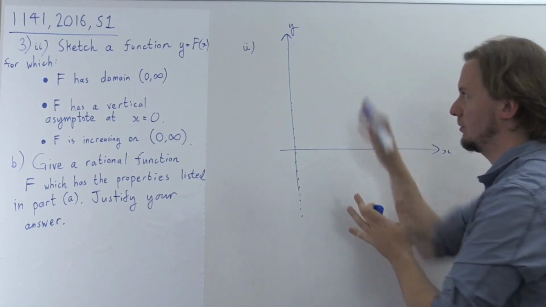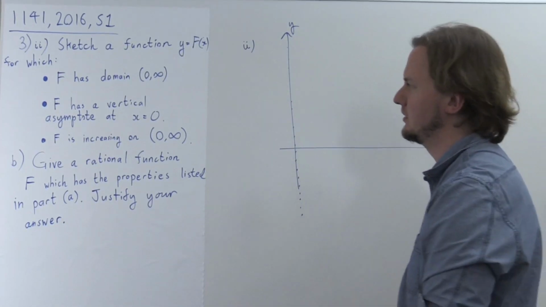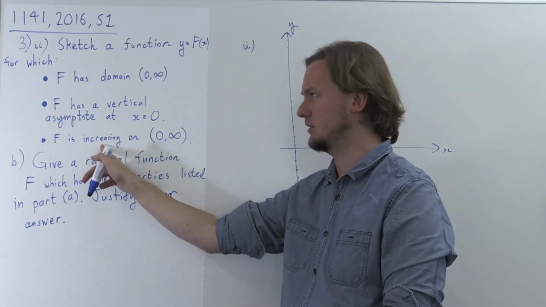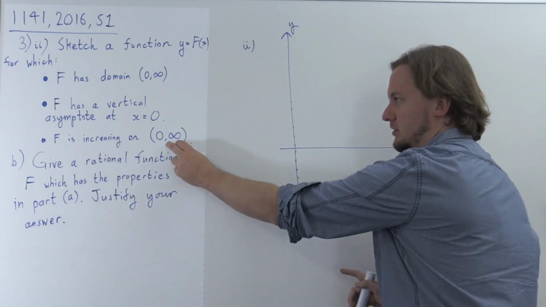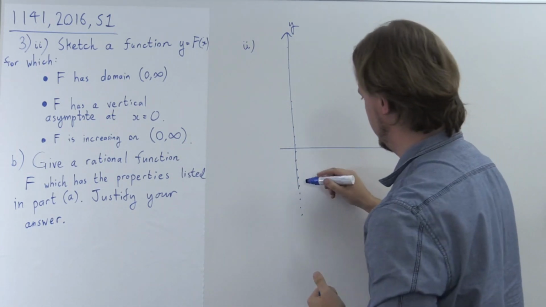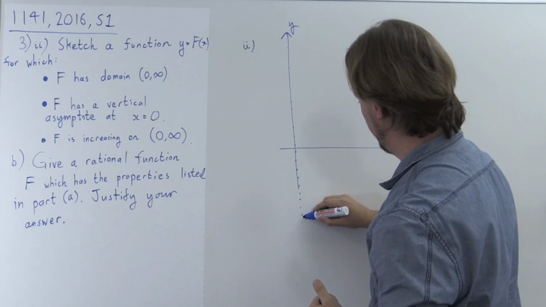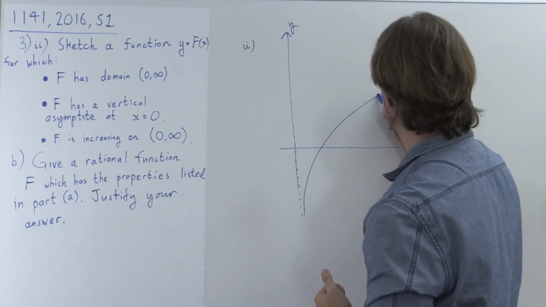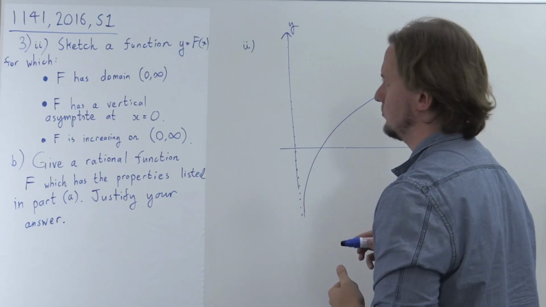It should either go up to plus infinity or down to minus infinity. But that's not really entirely my choice, because it has to be increasing on this entire interval, so it had better be coming up from minus infinity. So I'm going to draw a function which comes up from minus infinity. It's always increasing and just keeps going like that.